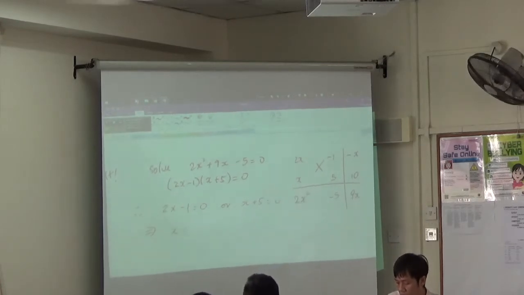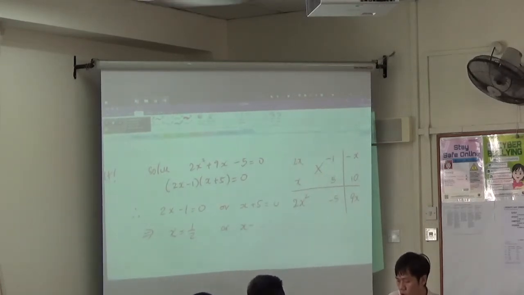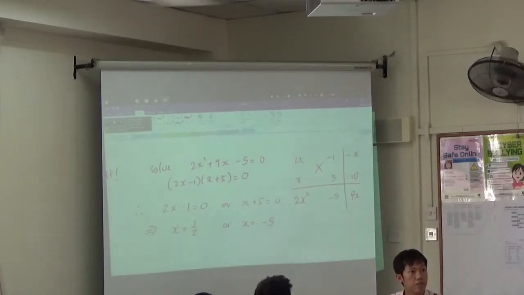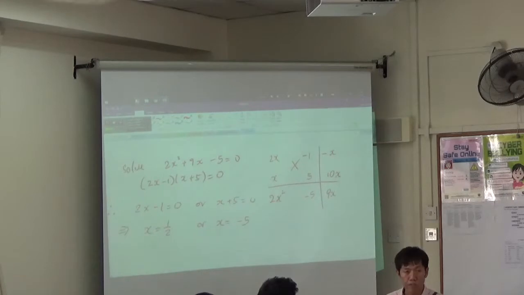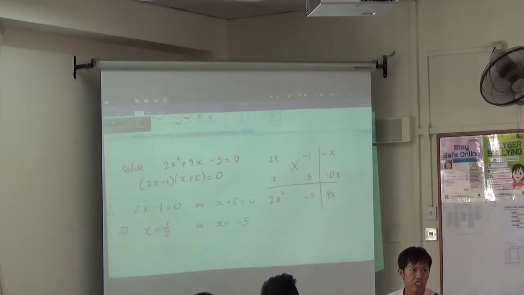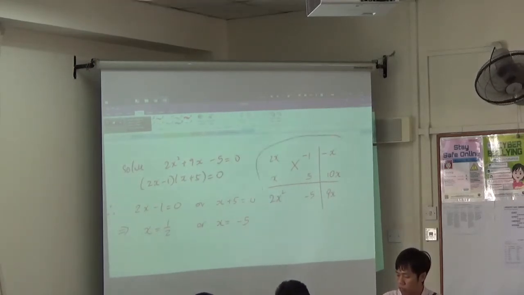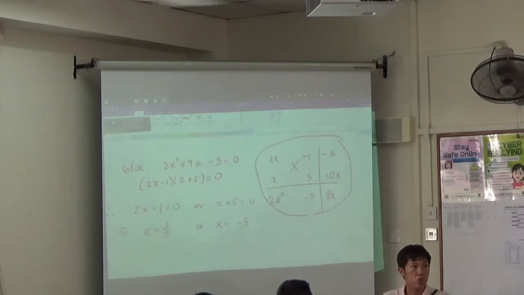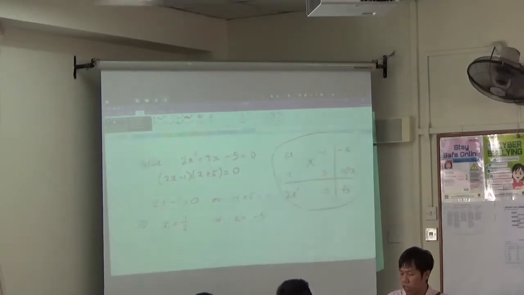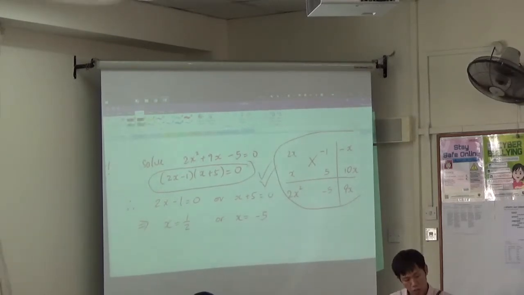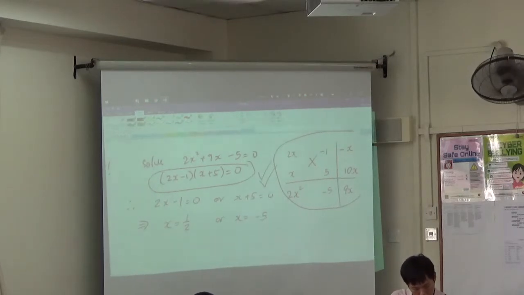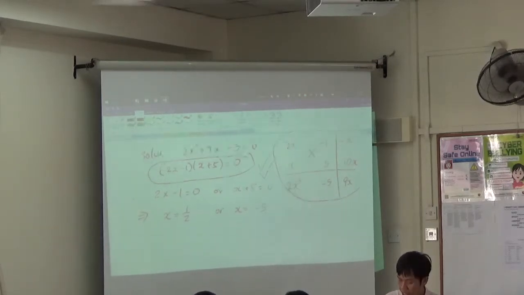Therefore, x equals half or x equals negative 5. If you use a multiplication frame, you should still arrive at the same answer. This step is just working, it's not necessary. This step is necessary. It is important.